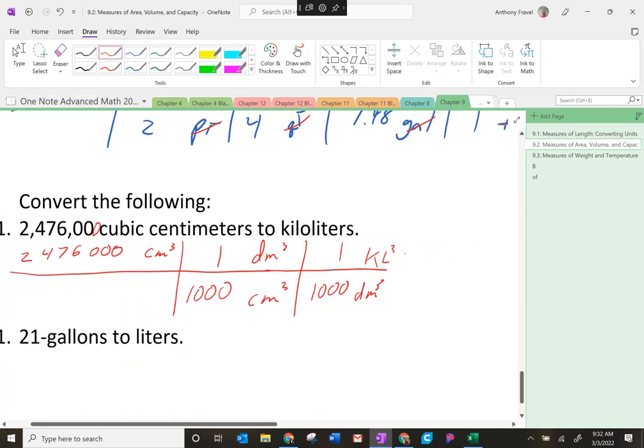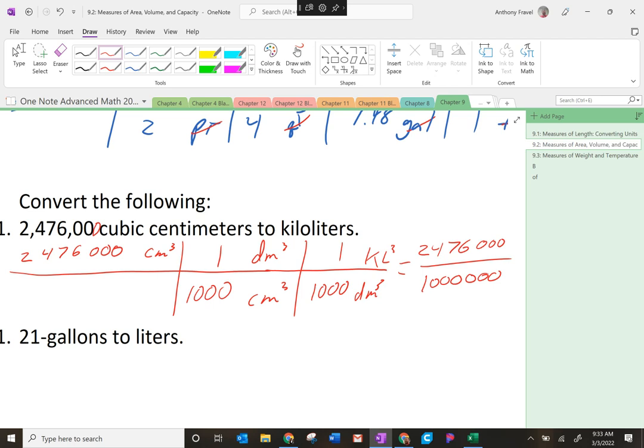I get to multiply straight across: 2, 4, 7, 6, 1, 2, 3, divided by 1 million. So I've got 2, 4, 7, 6, 1, 2, 3, divided by that.